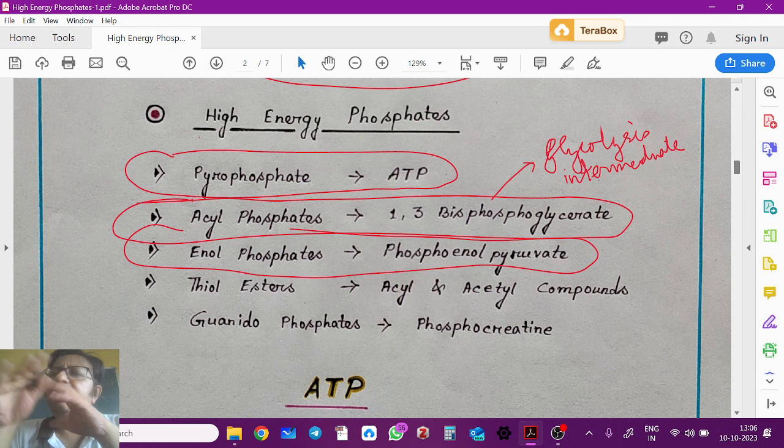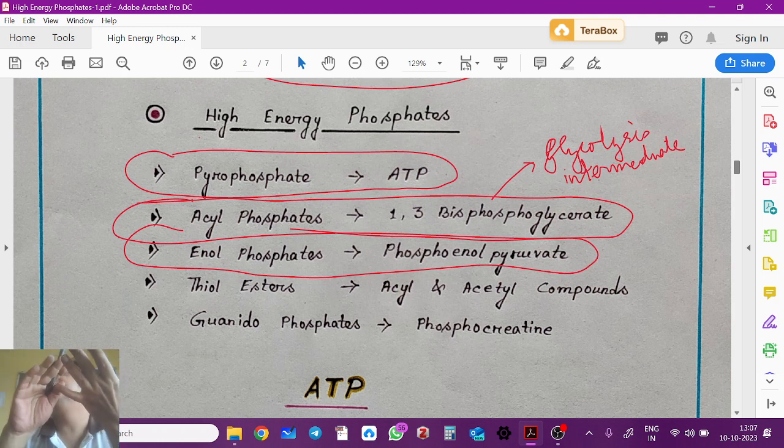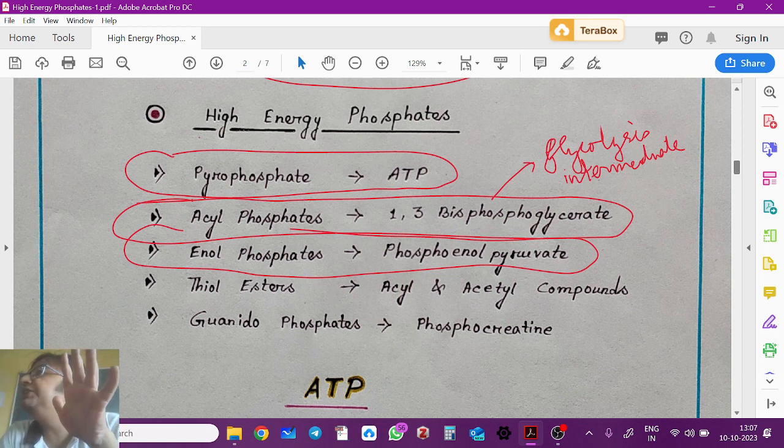For example, ATP, ADP, phosphate transfer, kinases, phosphatases, and isomerases working. You also have NADPH. You have all these things, so you can understand the mechanism of high energy compounds like this.